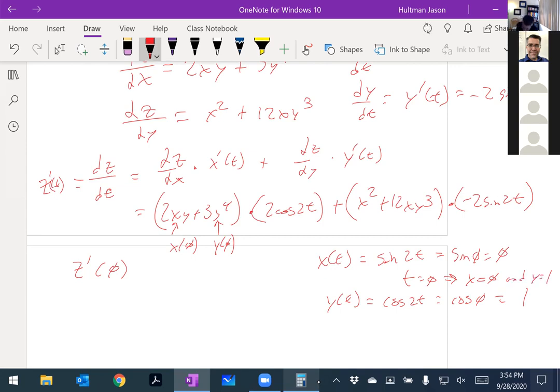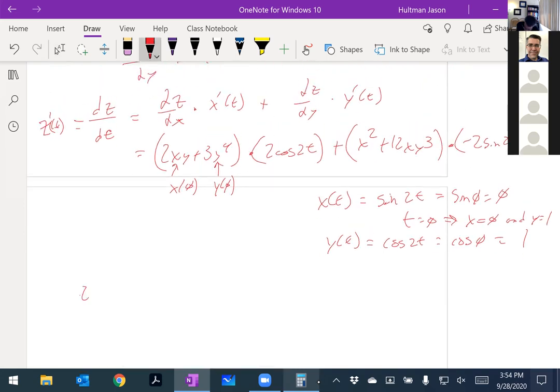So I'm going to plug this in. This is going to be 2 times 0 times 1 plus 3 times 1 to the fourth. I'm going to run out of room, so let me go a little lower here.